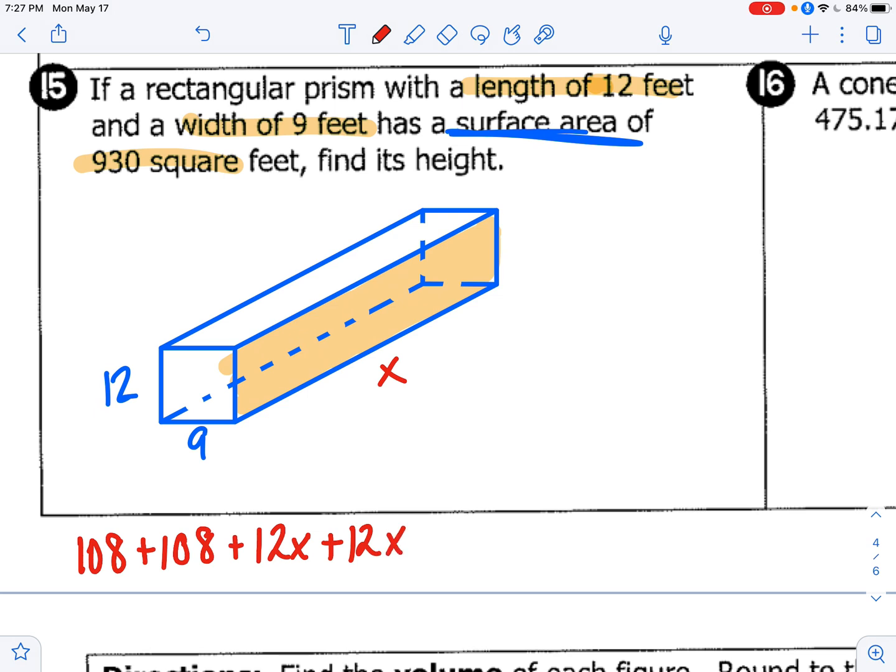And the opposite side is the same, so we'll just duplicate that 12x on the other side as well. So I have the front and the back. I have the left and the right. I'm going to need to do the top and the bottom sides now. And this is base and height, or 9 and x, so 9x and 9x.